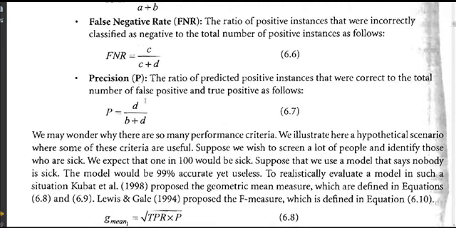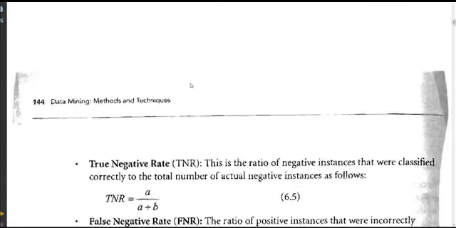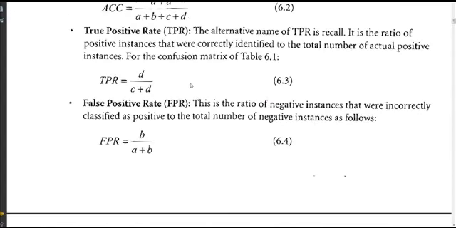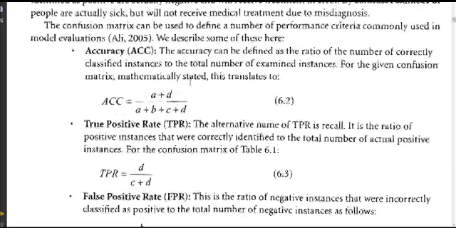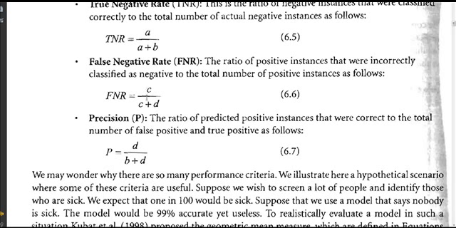Oh, we skipped one. The precision of the test. What's that? By the way, some of these have other names. Like sensitivity is one of these. I forget. That's used more in the medical profession. Anyway, we'll worry about that later. There's one more here, precision. What's that? That's also used frequently.